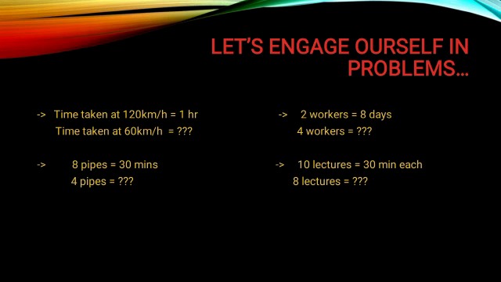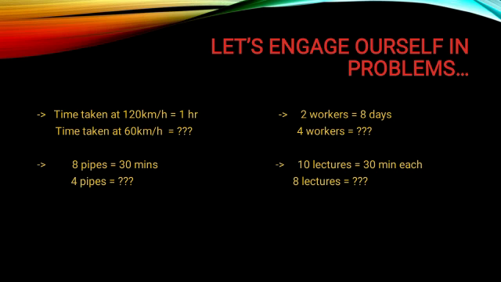So what will happen? They will be able to finish that particular work in fewer days. What is happening over here? We are just doubling the number of workers, and therefore the time or the days will be half, definitely. So that will be completed in 4 days only.